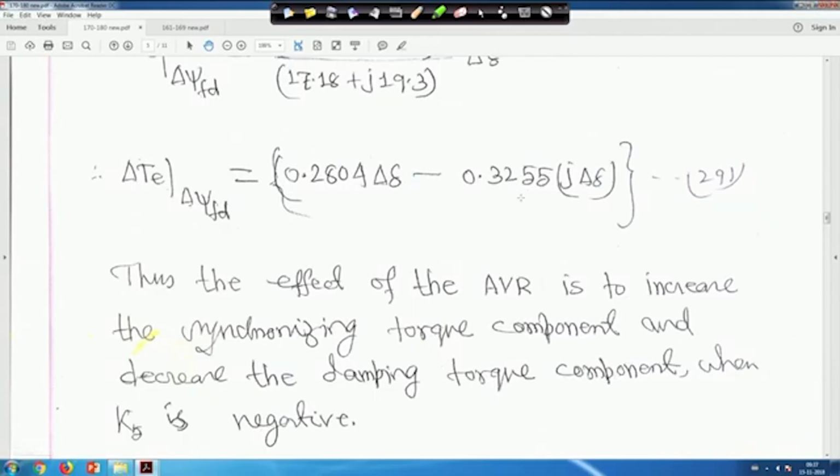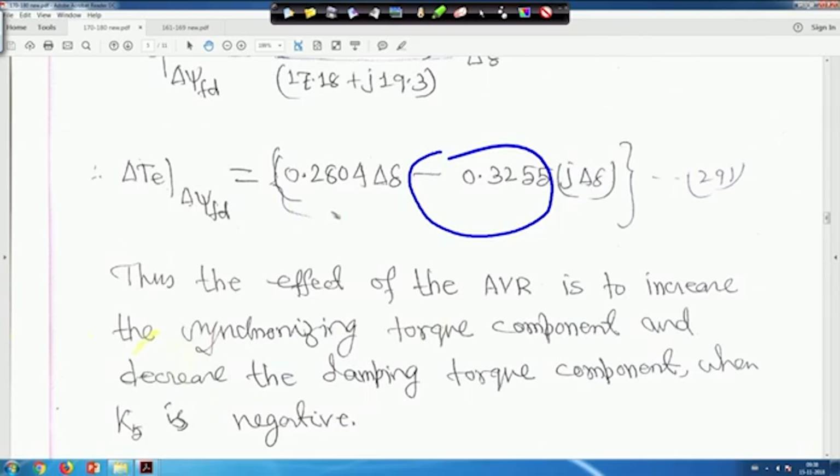So when K5 is negative, this coefficient is negative, because the damping term is a function of j delta delta, or in phase with delta omega, we will see later, right. But I put in the previous lectures in the forum why it is so, and just now you will know after this numerical. This 0.2804 delta delta is your synchronizing torque coefficient, and it is positive, right.